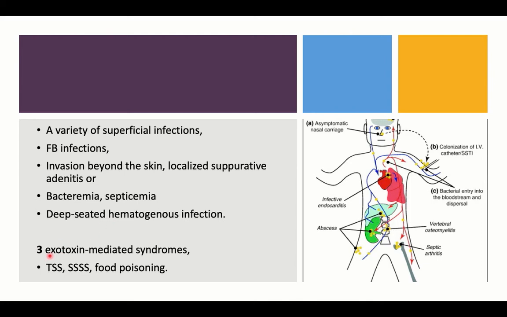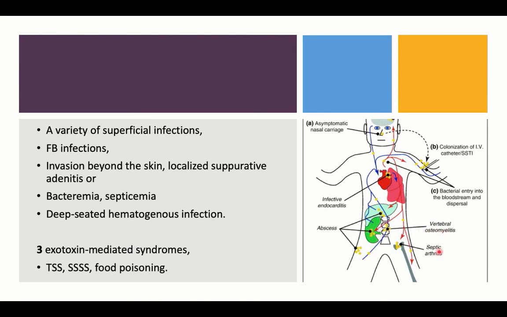Staph aureus is also related to 3 exotoxin-mediated syndromes. So presentation of staph can be asymptomatic nasal carriage, which is very common. It can colonize IV catheters and central venous lines, gain entry to the circulation, and then spread to various areas of the body, ending in infective endocarditis or abscesses in different areas of the body, either subcutaneous or in the muscle or in different organs.